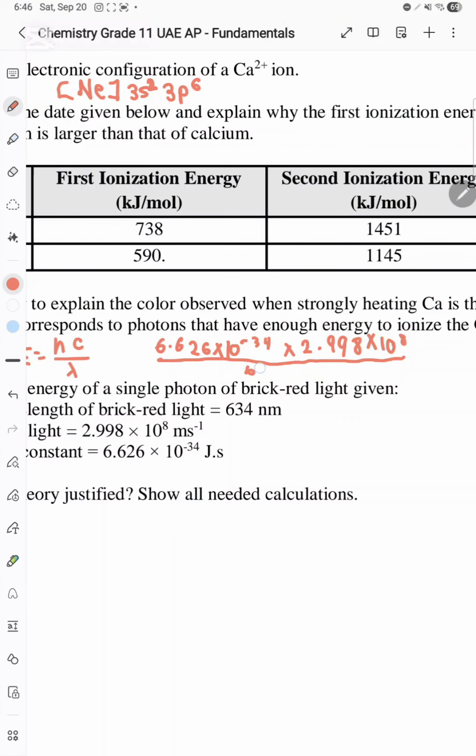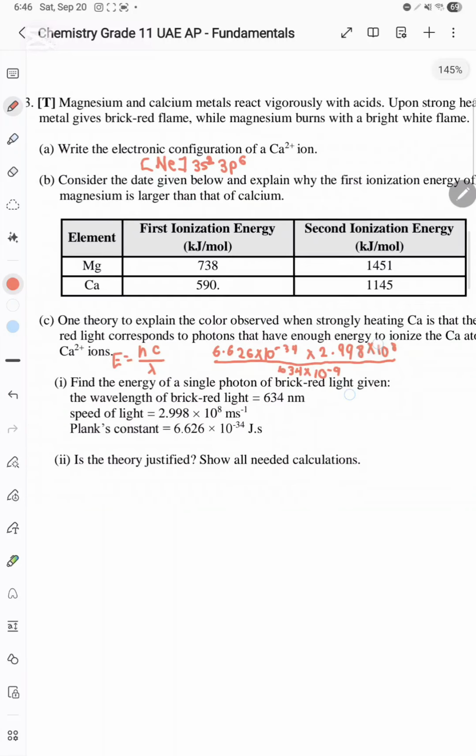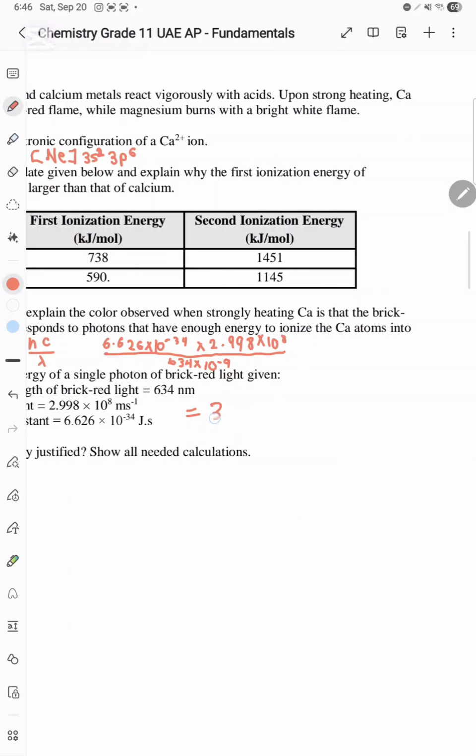So 634 times 10 power negative 9. And then you find the energy, which is equal to 3.13 times 10 power negative 19.